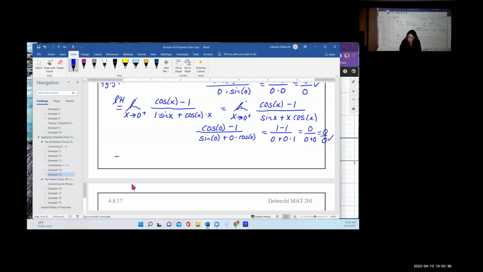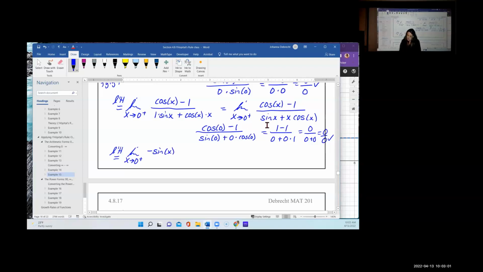So when I apply L'Hopital's rule again, I didn't say it would be easy or short. I'm going to apply it to this form right here. So I'm going to be taking the limit as x approaches 0 from the right. The derivative of cosine is going to be negative sine of x. The derivative of the -1 is 0.